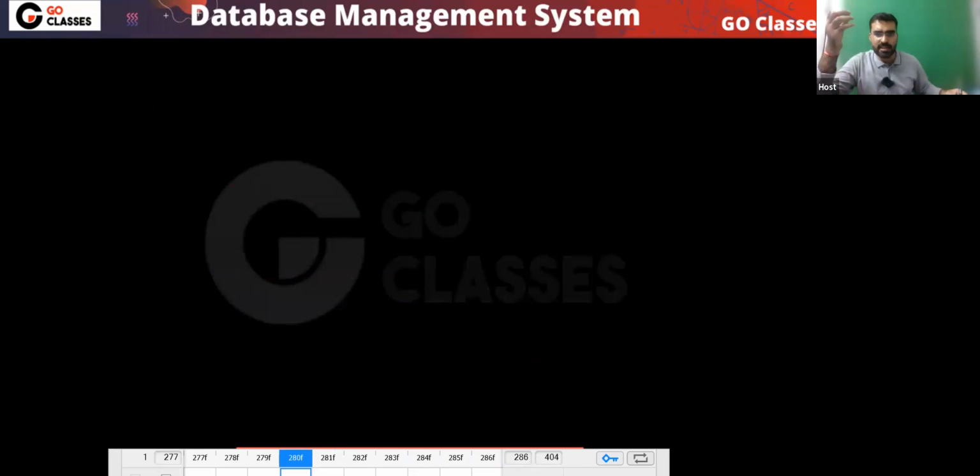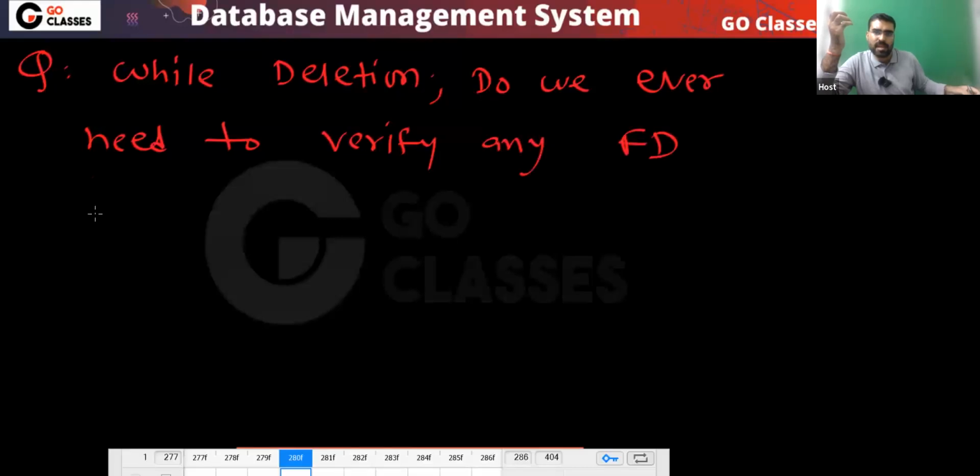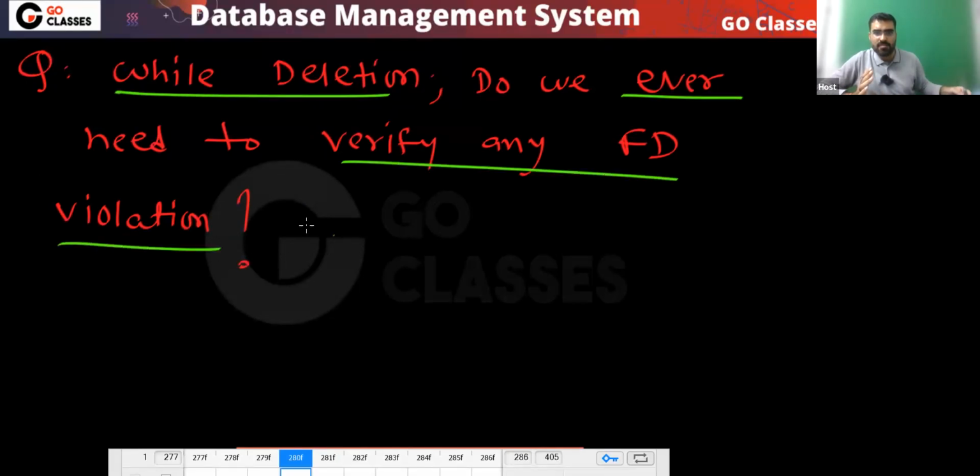When you delete from a table, do you need to check any dependency? While deletion, do we ever need to verify any FD violation?